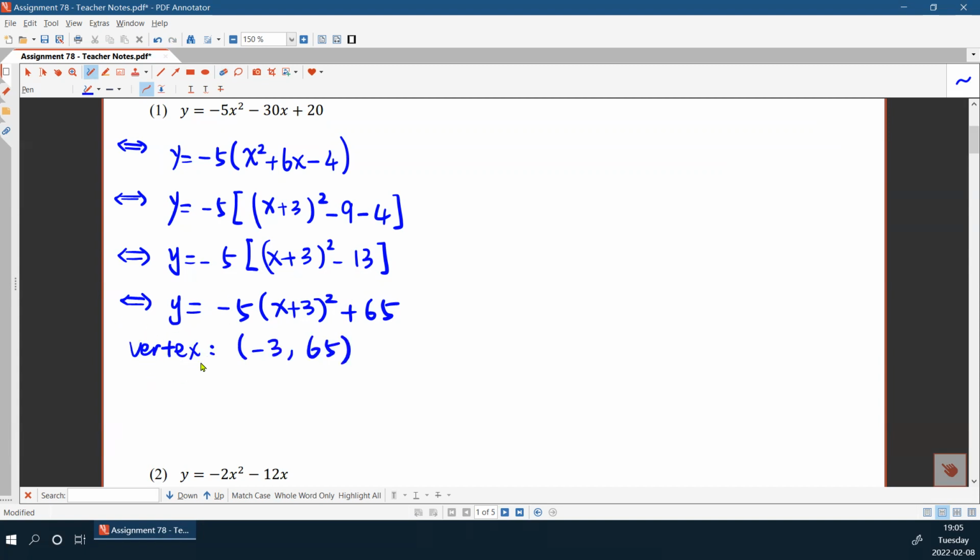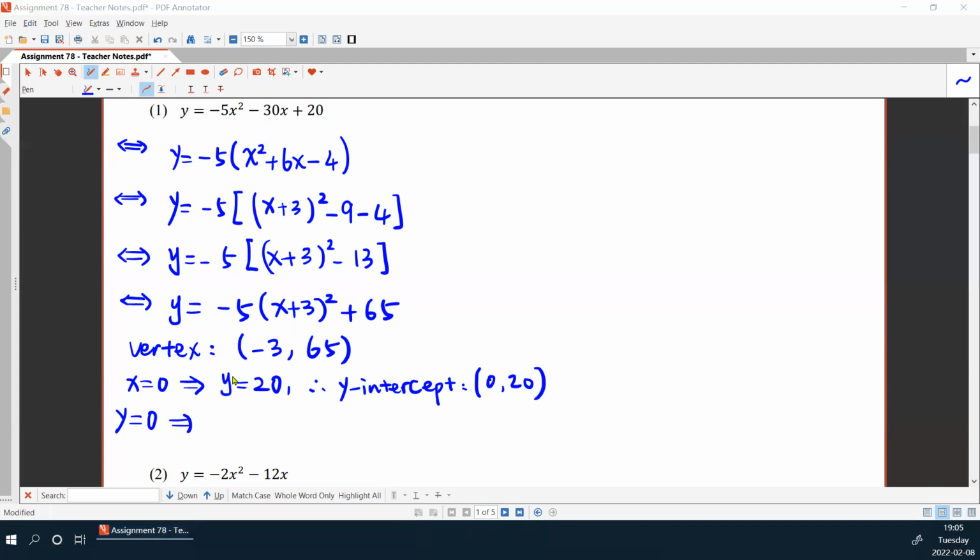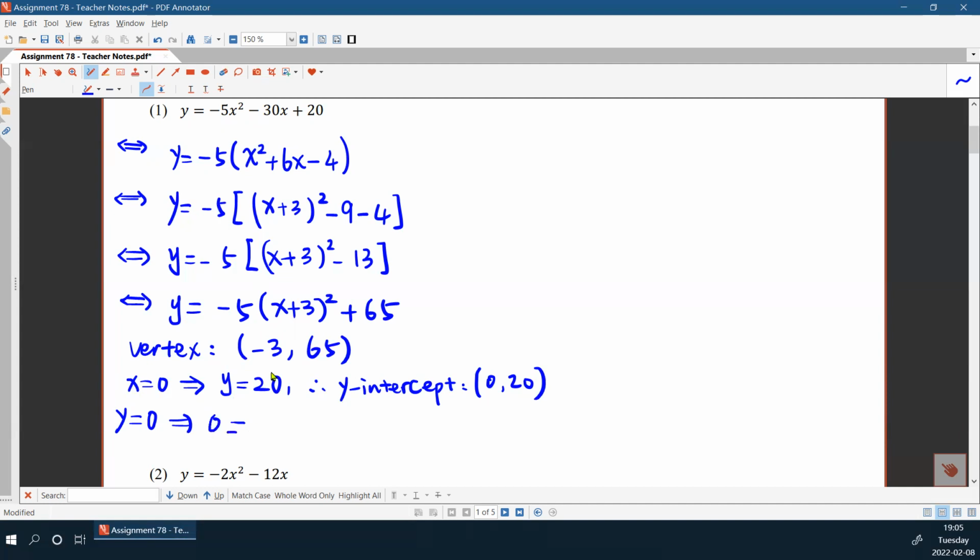Okay, and the second piece of information is the y-intercept. That means we need to let x be 0. If x is 0, let's put it back in the original expression, and y is apparently 20, right? Therefore, the y-intercept is (0, 20). Okay, next, the x-intercept. That means we need to let y be 0, right? And if y is 0, that means 0 equals -5 times (x plus 3) squared plus 65.